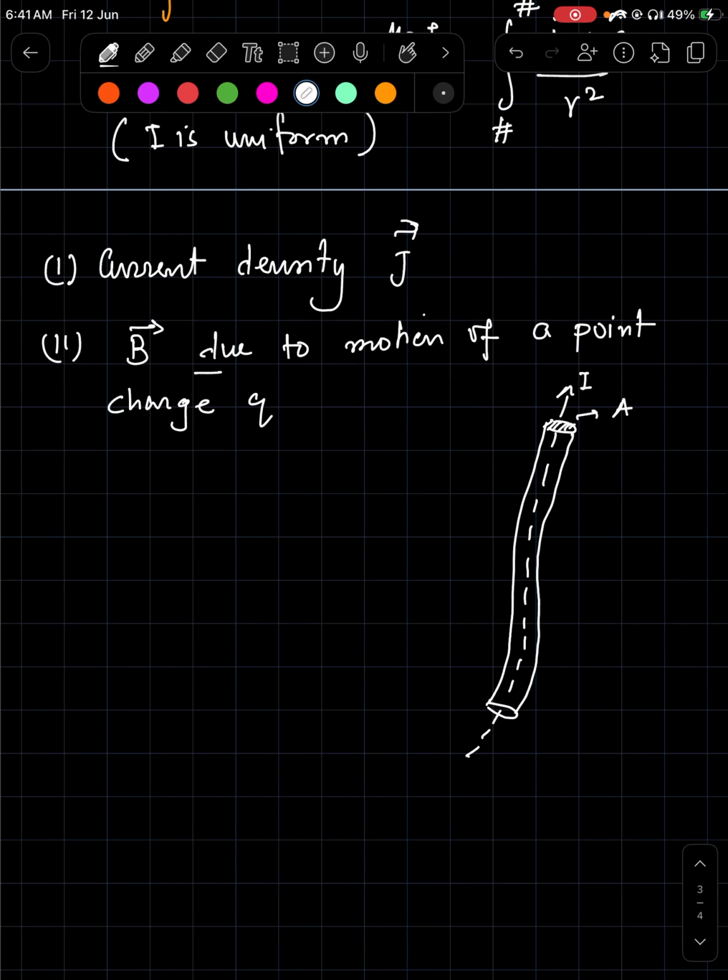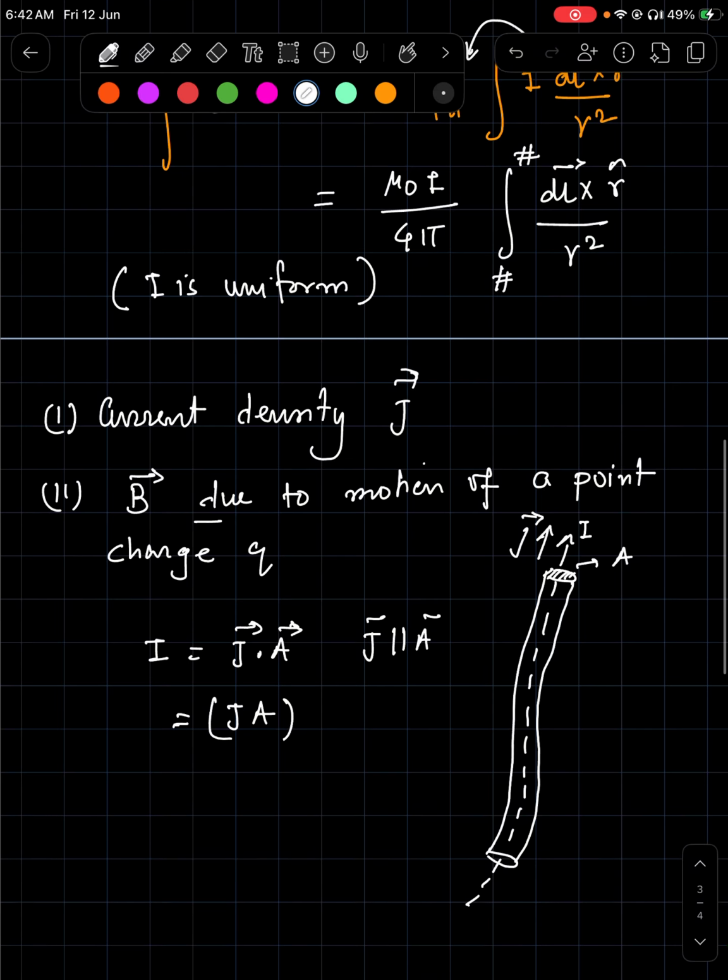We know the relation between current density and current, which is given by I equal to J dot A. But since the area vector and the J vector are along the same direction, J is parallel to the A vector, so the angle between them is zero. So it becomes simply I equal to AJ, right?